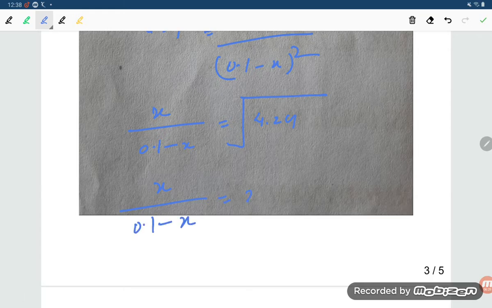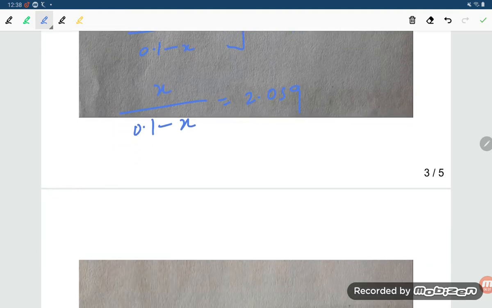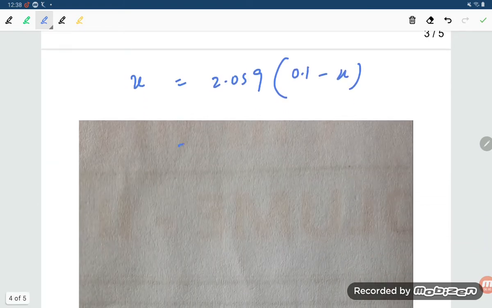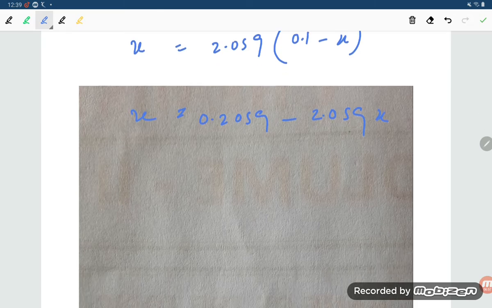If you take the square root of this, it is 2.059. Okay, student. So multiply it out. X is equal to 2.059 in bracket 0.1 minus X. So it is 0.2059 minus 2.059X. Here X is there, so take it to this side, and the X should have the same sign.